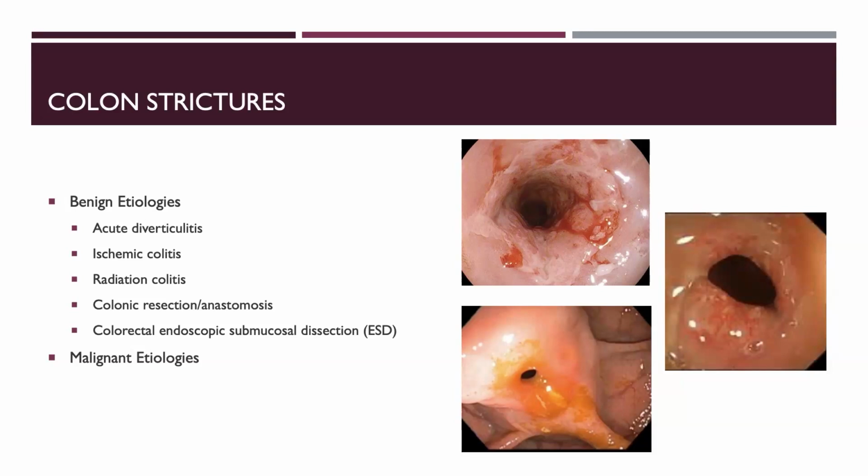It most commonly happens if you're doing it in the rectum, but we know that we're doing enough now in the American population that we are seeing some rates of stricturing related to ESD. And then very classically, we have our malignant etiology: colon cancer related, rectal cancer related etiologies.